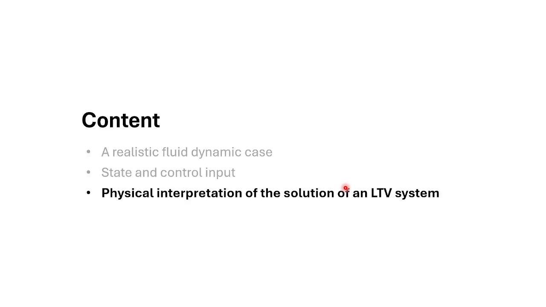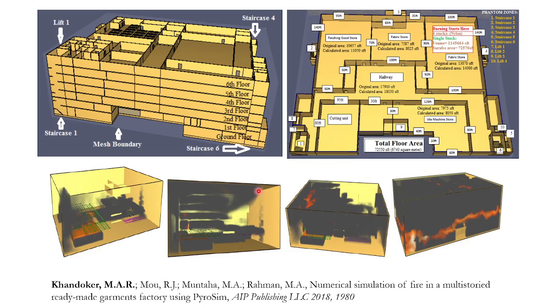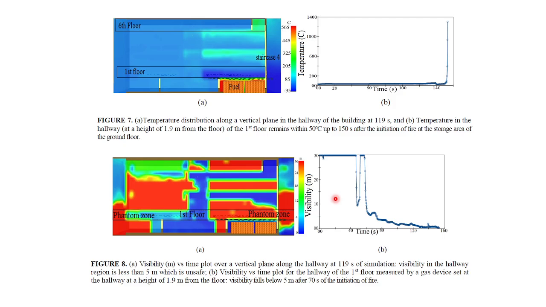Now, next we are going to move to the last section, which is the physical interpretation of the solution of a linear time variant system. Whatever I explained in this slide, I said there are two states that I defined for this presentation, and the second one was visibility.